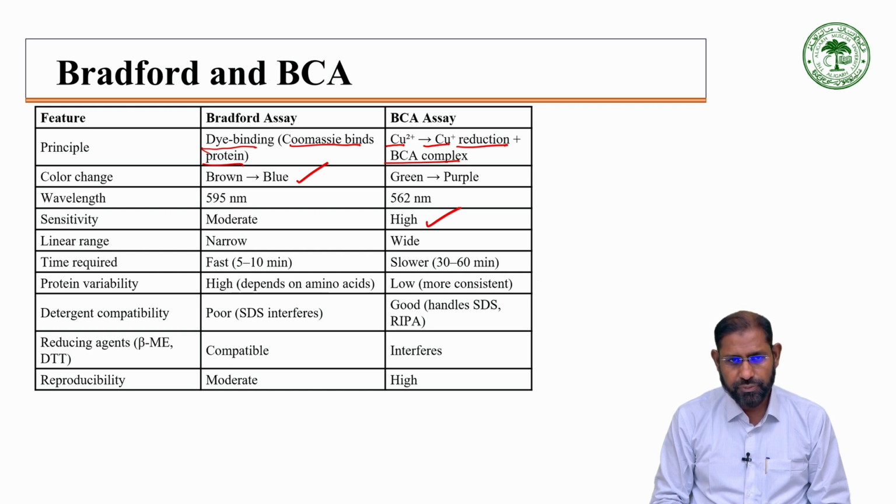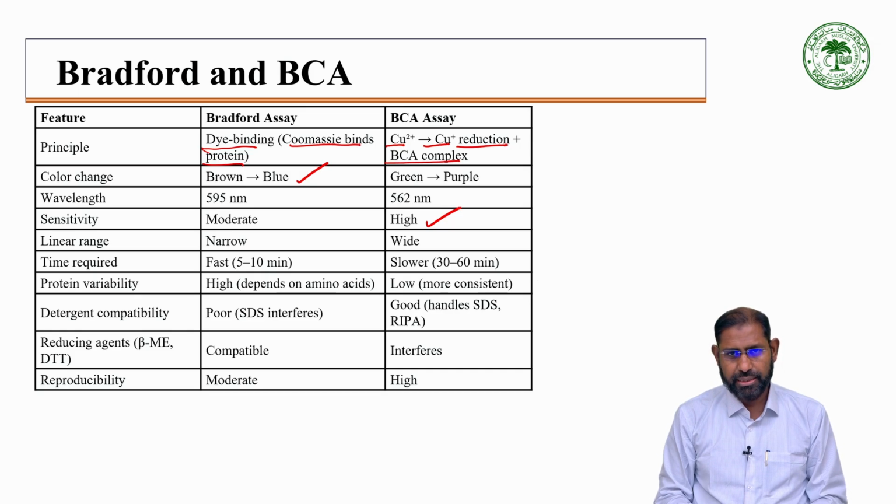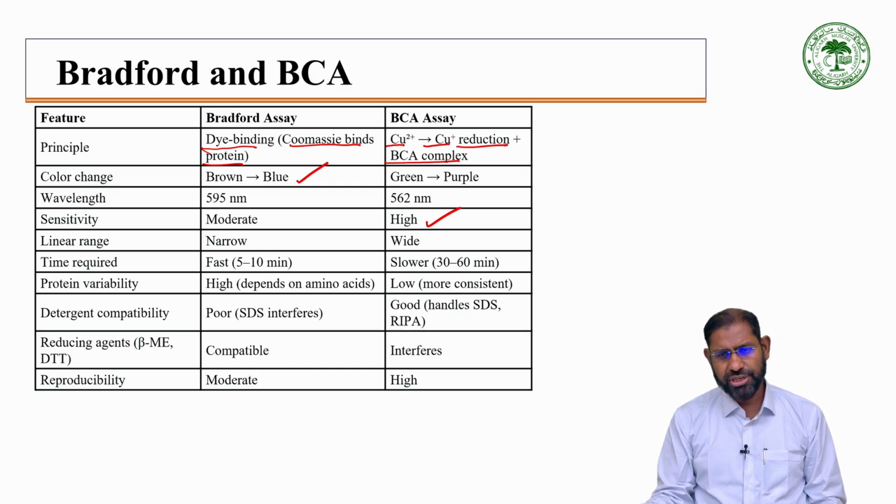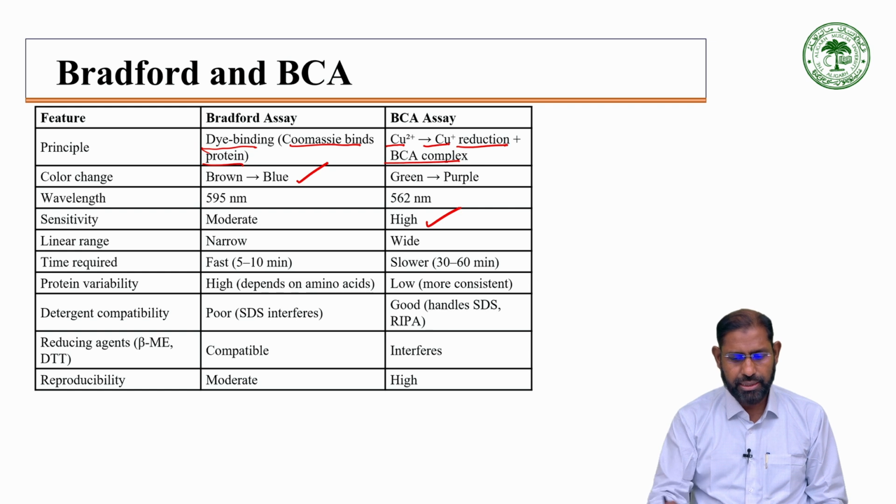For detergent compatibility, Bradford is very poor because SDS interferes in the assay. But BCA is very good, it handles SDS and RIPA buffer. Reducing agents like beta mercaptoethanol and DTT are compatible with Bradford assay, but they interfere in the BCA assay. And reproducibility is moderate in Bradford, but very high in BCA assay.